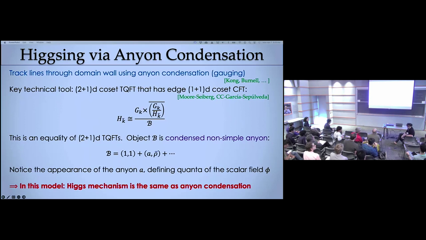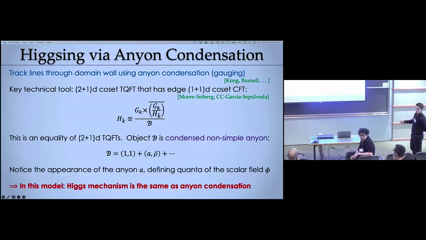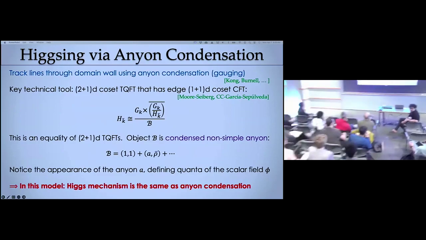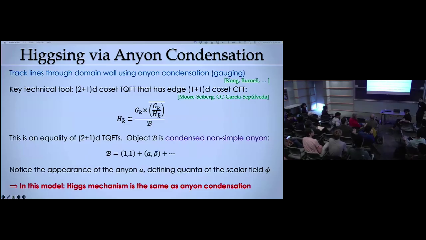Is that right? I'm not sure I exactly understand. So algebraically, I think this condensation equation makes sense to me. But from a dynamics perspective, the transition you're describing is from GK to HK tilde.